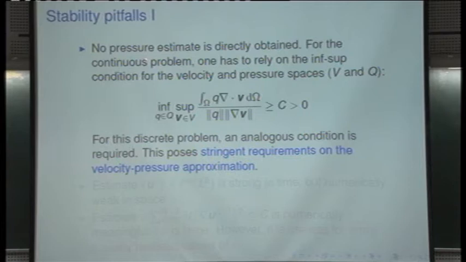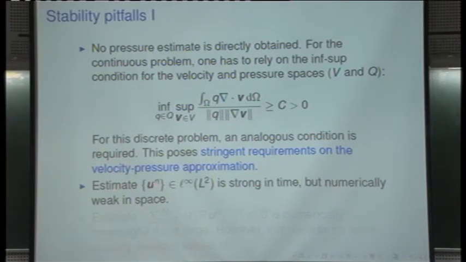So the previous equations have no pressure estimate. For the continuous problem, one has to rely on the inf-sup condition for the velocity and the pressure. And for the discrete problem, that has to be explicitly imposed. And that, as we have seen, imposes stringent requirements on the velocity pressure approximation, in the sense that not any pair of velocity pressure spaces satisfies that, and we have to be very careful.